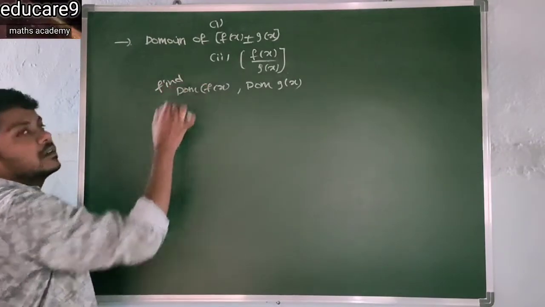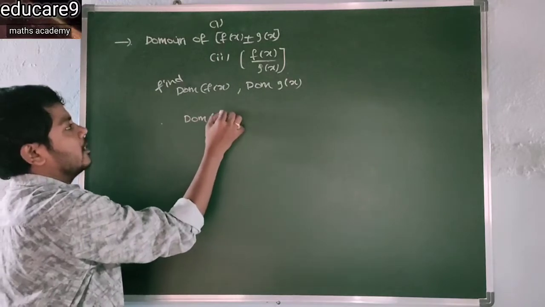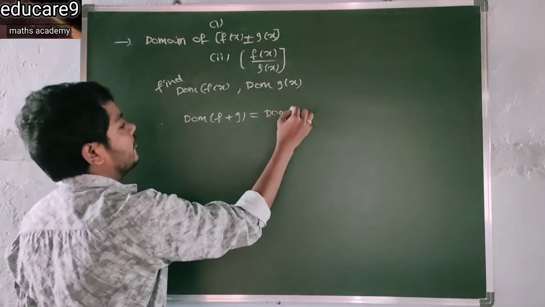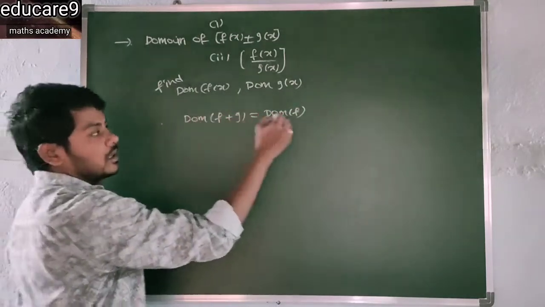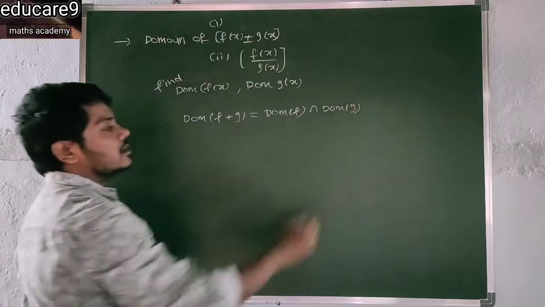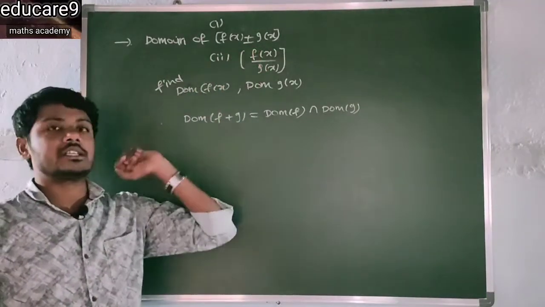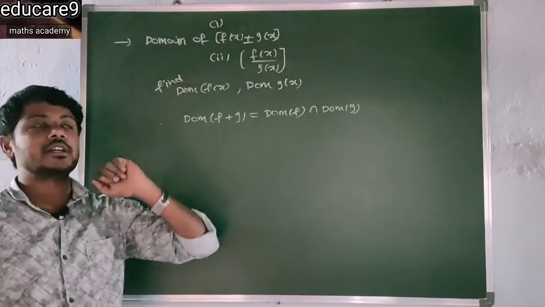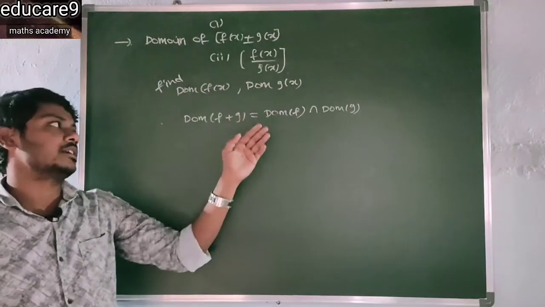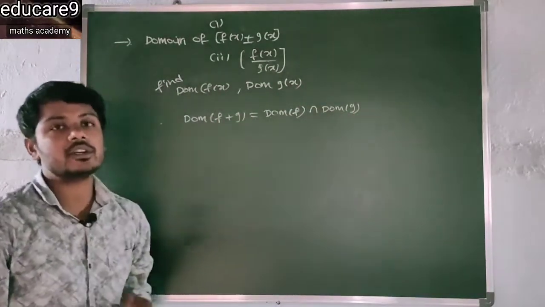Then the domain of f plus g is the domain of f intersection the domain of g. This is for finding the domain of the sum, difference, or division of two functions. In all these situations, take the domain of the first function intersection the domain of the second function.